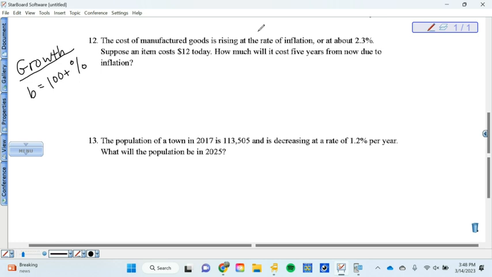For this one, my percent is 2.3. So my B, my common ratio, is going to be 100 plus 2.3%, which is 102.3. But that's a percent. How do I change that into a decimal? Yeah, 1.023, just move it over 2 places. So B is 1.023.